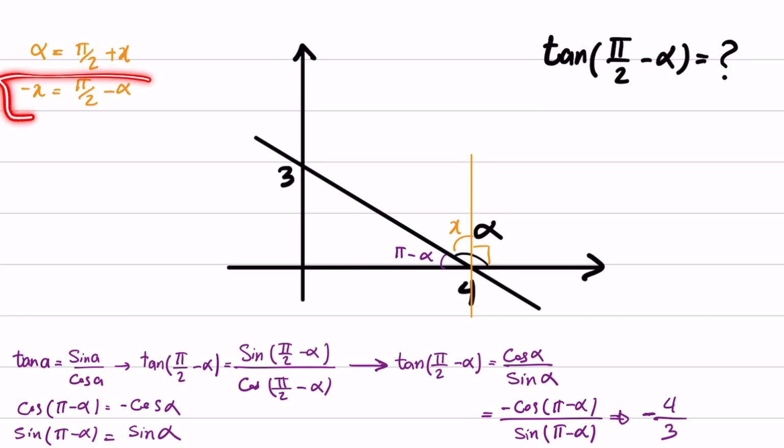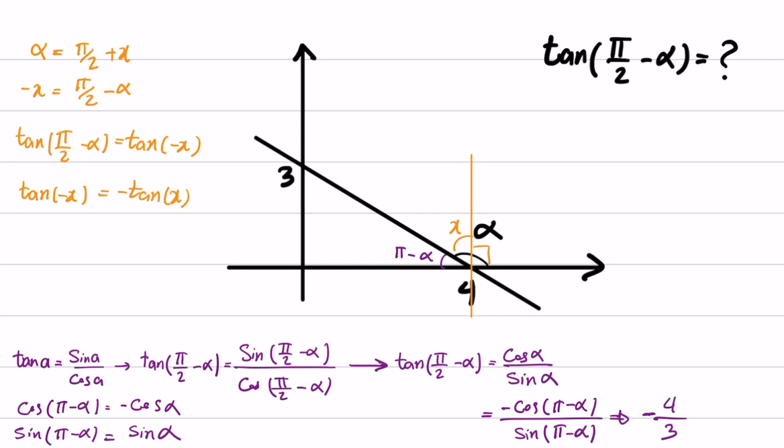And if we replace this into our equation, we have tangent pi over 2 minus alpha is equal to tangent of minus x. We know that tangent of minus x is equal to minus tangent x. Now, if we find the value of tangent x, we have the final solution.